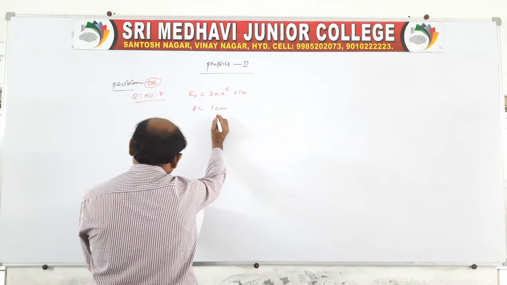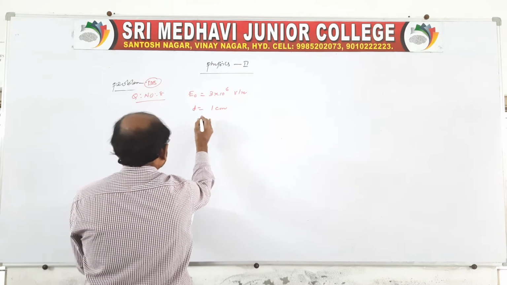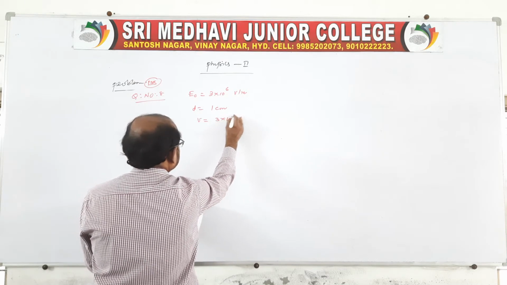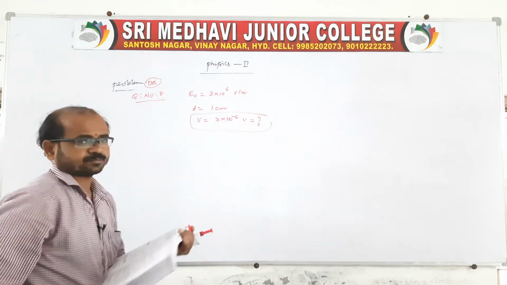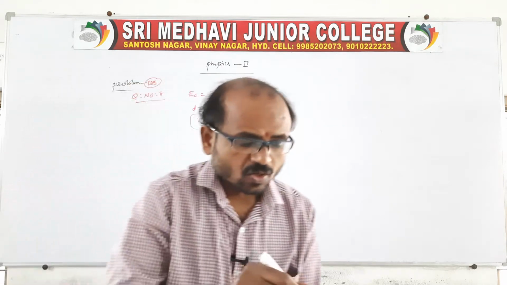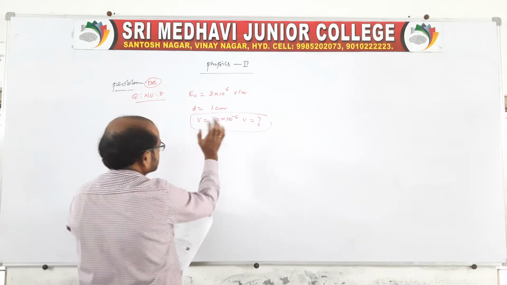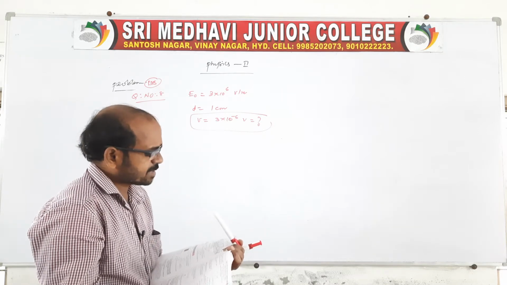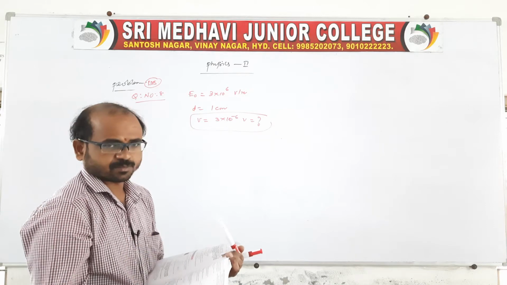It asks: can you charge the capacitor to 3 into 10 power 6 volt? Is it possible or not, using the given data? That we have to say, whether yes we can, or else we cannot.